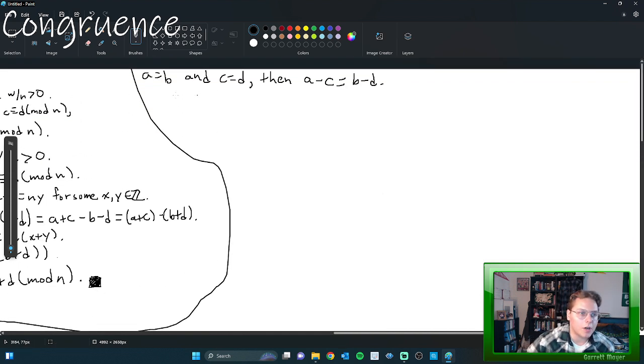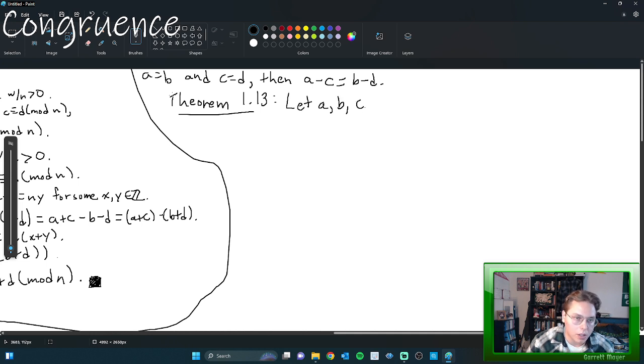subtraction. And this theorem is going to be theorem 1.13, and it's going to be very similar to the last one. We're going to let a, b, c, d, and n be integers with n greater than 0.